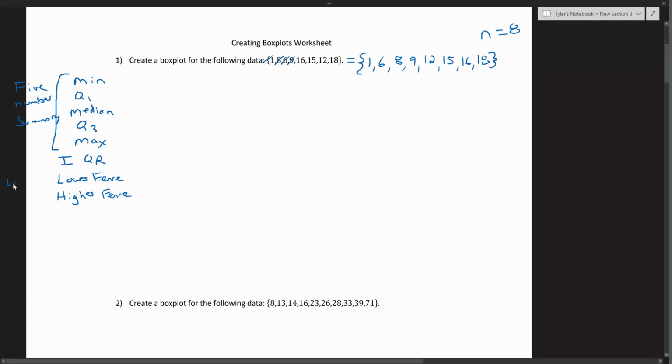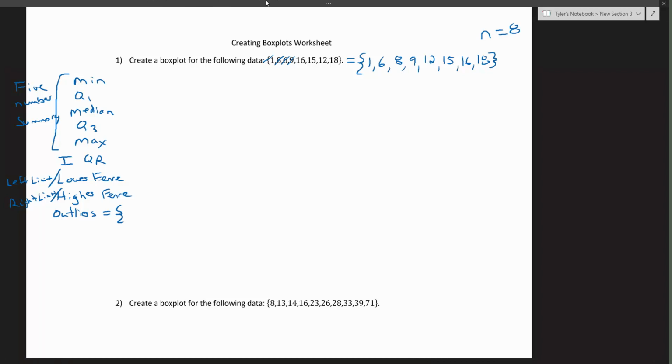So this is like the left limit, and this is the right limit. And then we're going to want to identify any possible potential outliers.